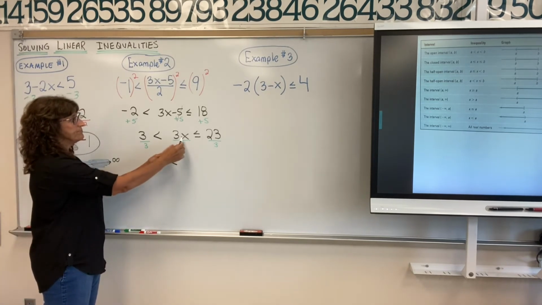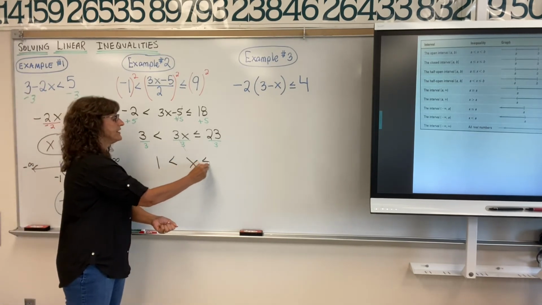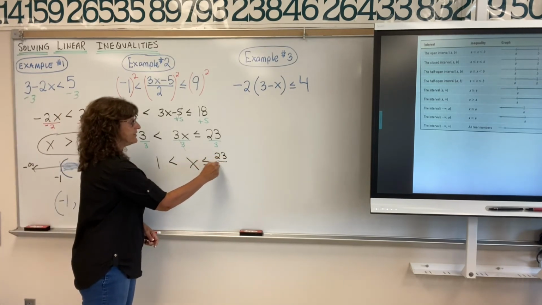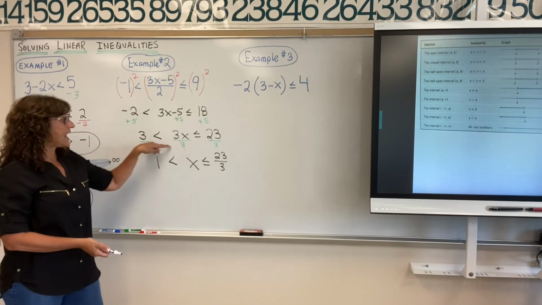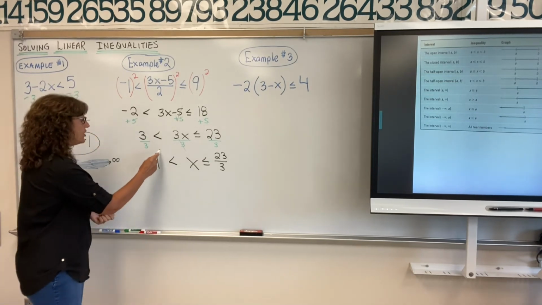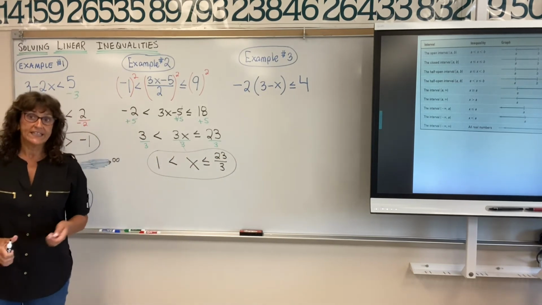In the middle, the 3's cancel, we have x by itself, less than or equal to 23 thirds. I'll just call it 23 thirds. Here's our inequality answer. Now we divided by a positive number, so you don't have to switch the inequality sign when you divide by a positive number. So here's your inequality answer.